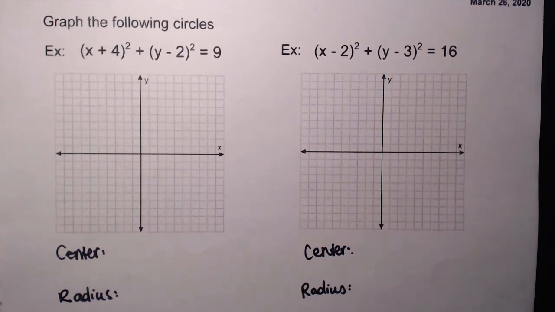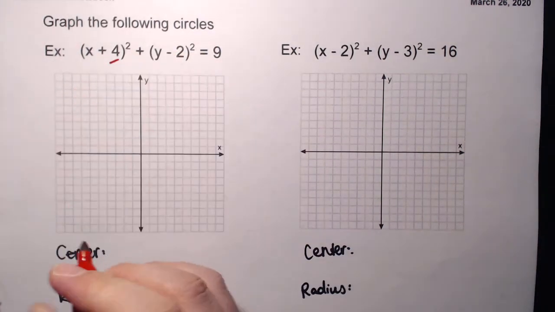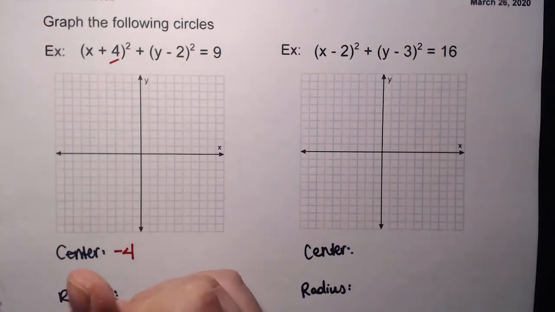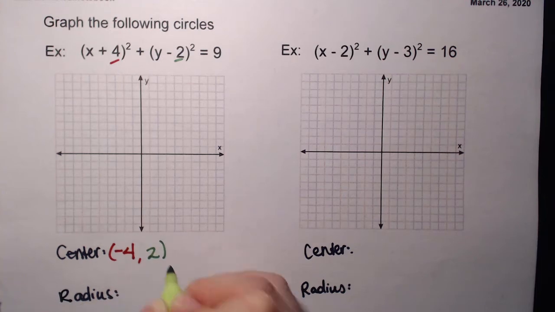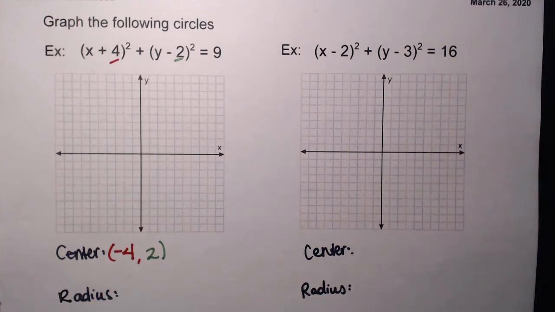So remember the center is at (h, k), where we're flipping the sign. And then the radius is the square root of that number. Oops, you can't see it.